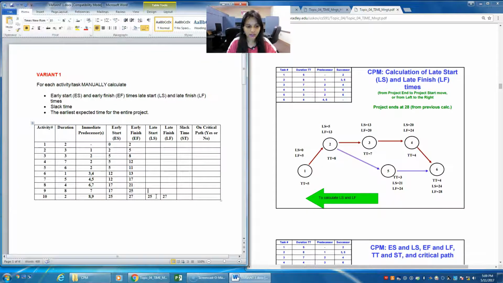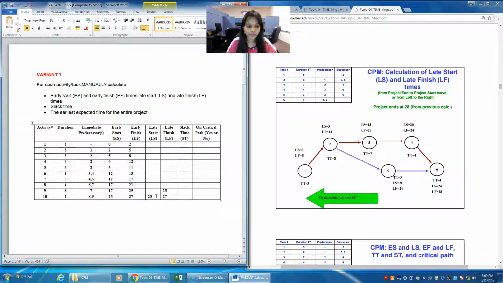Now you need to pass these late start values on to their predecessors. So for 9, we need to provide the late finish value. The late finish comes from the late start of 10. The late start of 10 is 25, so the late finish of 9 is 25.